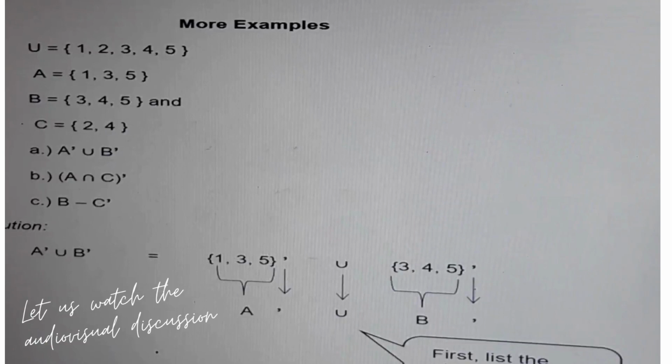Okay, another example. Considering the given, we have a universal set of 1, 2, 3, 4, and 5, while set A is 1, 3, 5, set B is 3, 4, 5, and set C has 2 and 4.